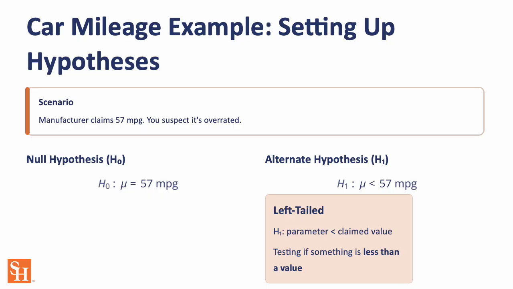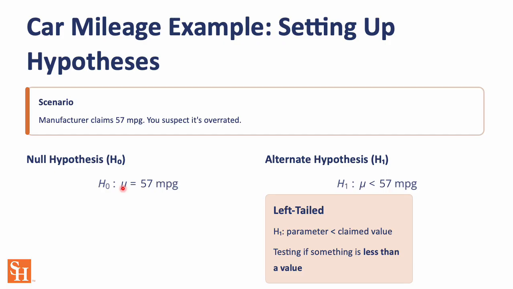Say a manufacturing company manufactures some car, and they claim that the mileage of the car is 57 miles per gallon. Therefore, in the null hypothesis we assume that that is true. That means mu equals 57, since we have assumed that the claim of the manufacturer is true, right? So that is our null hypothesis. In the null hypothesis we assume that something is true.